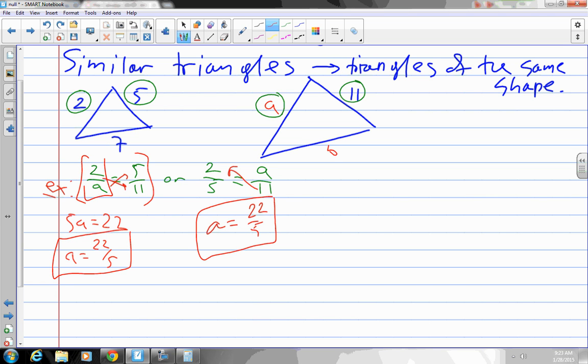First fraction, one side came from one triangle, the other side came from the other triangle. Second fraction, one side came from the first triangle, the other side came from the second triangle, right? You recognize that? Now in the second ratios, I actually kept each fraction from the same triangle, right? 2 and the 5 came from the first triangle, and 11 came from the second triangle, right? So it doesn't matter how you do that.